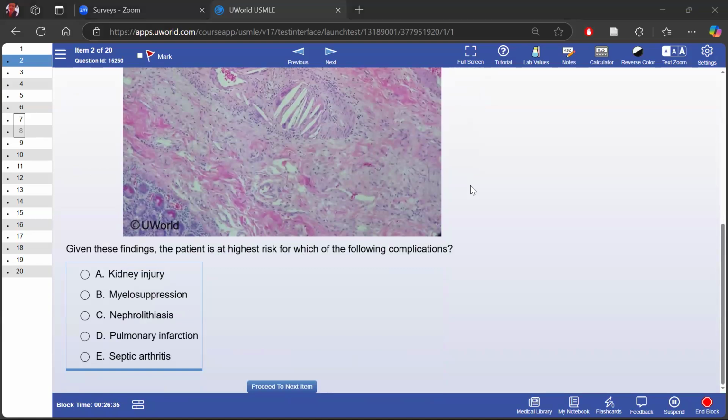Okay. So this might seem like a harder question because a lot of people did not attempt it. But let's walk through it.